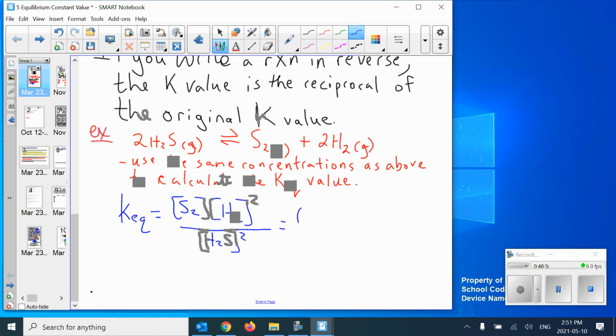So I've got 0.3 into formulas. And tell me what we get.